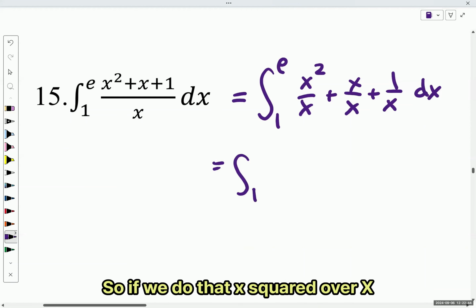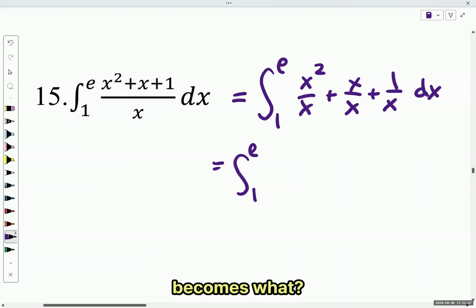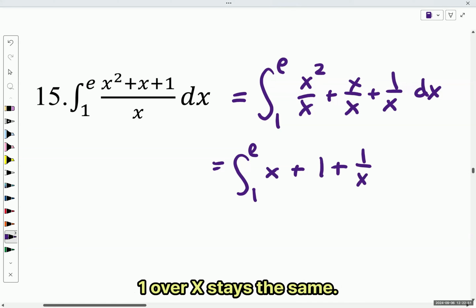So if we do that, X squared over X becomes what? X over X becomes what? 1 over X stays the same.